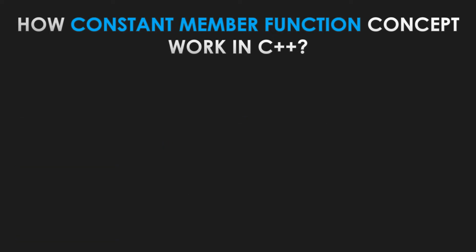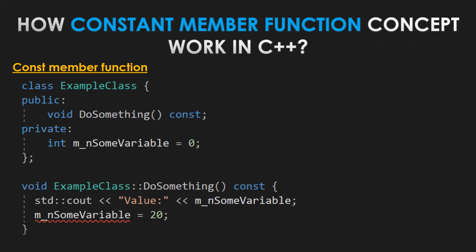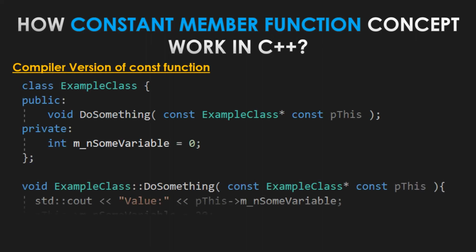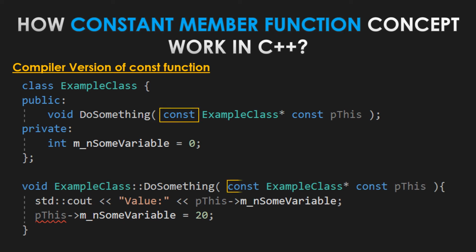Now let us see what happens if the function is made constant member function. As you can see here, the constant member function cannot modify the member variables. As discussed earlier, the compiler automatically passes the class's this pointer implicitly as its first parameter.